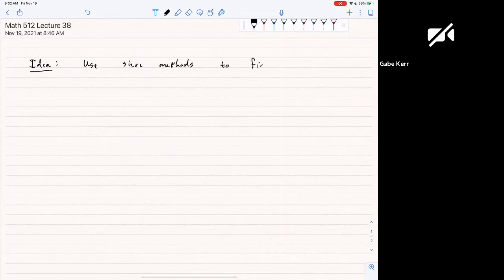Define irreducibles in F_p[x]. The point is that because F_p is finite, you can use these methods. You can start with your linear polynomials, take all possible products, then you get quadratics, and you eliminate the products.